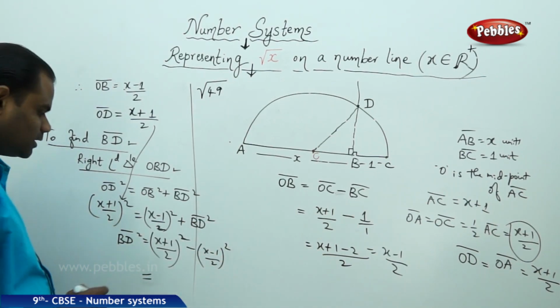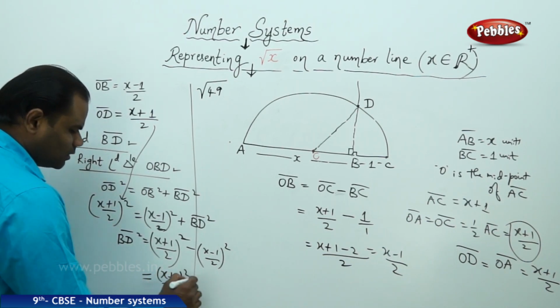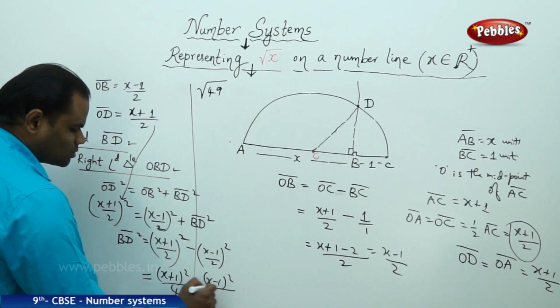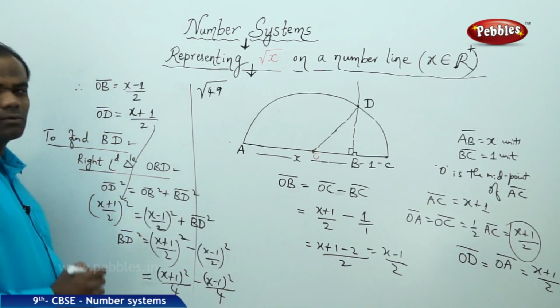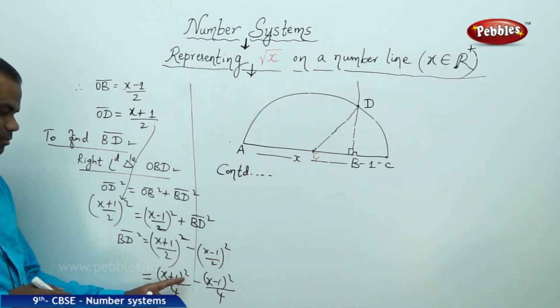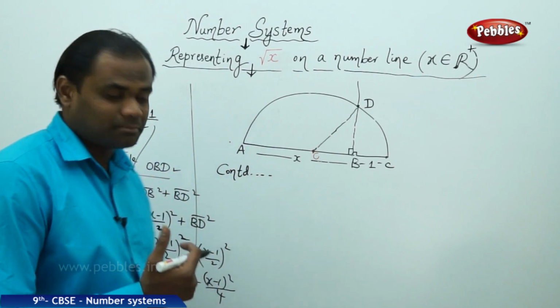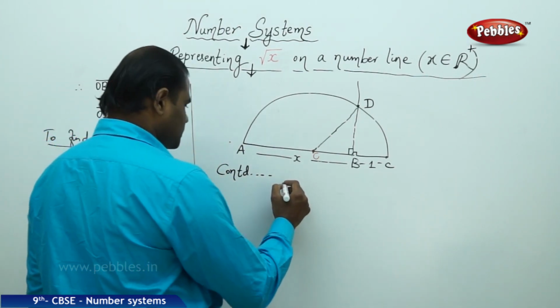This on further expansion gives x plus 1 whole square by 4 minus x minus 1 whole square by 4, which can be simplified using the LCM.